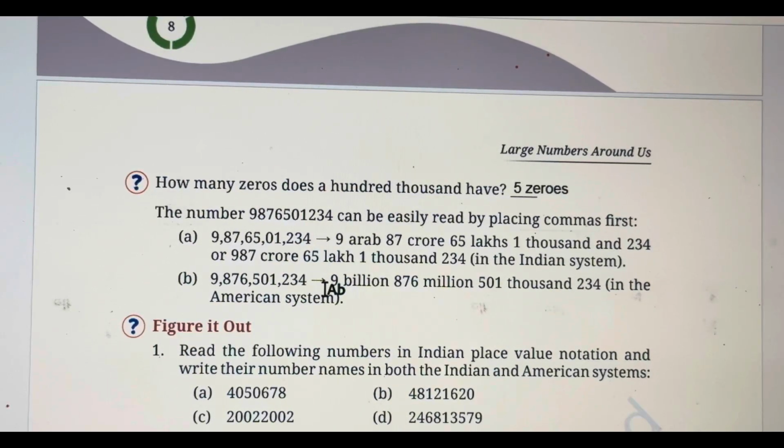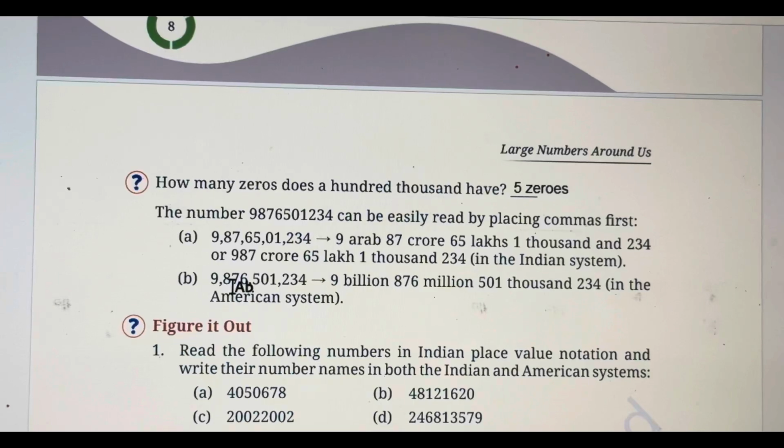Now we'll do the same number according to the American system. Now see the commas before 3. The pattern is 3, 3, 3. So before 3 digits from the right side, we put commas. This is the ones block, this is the thousands block, this is the millions block, and this is the billions block.